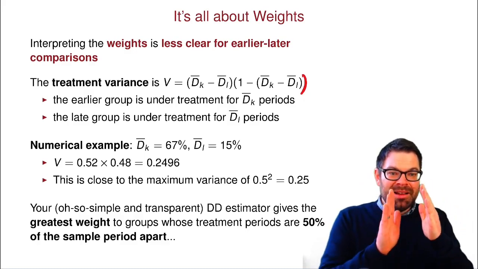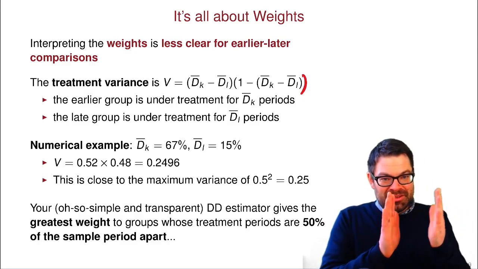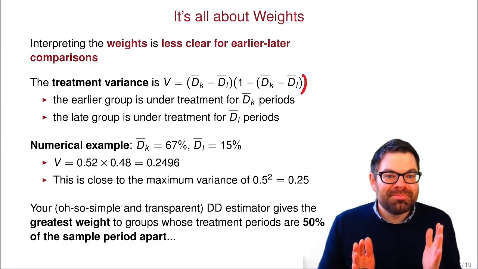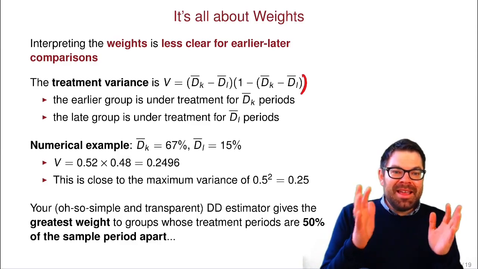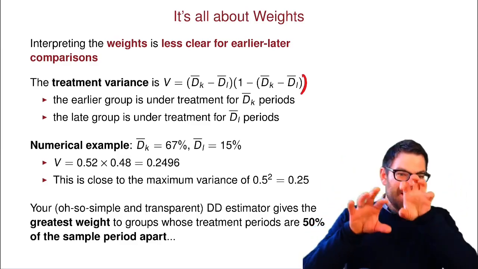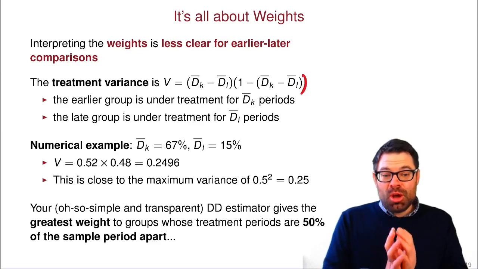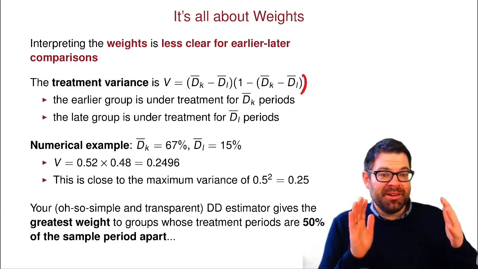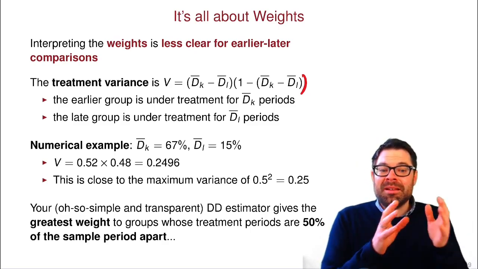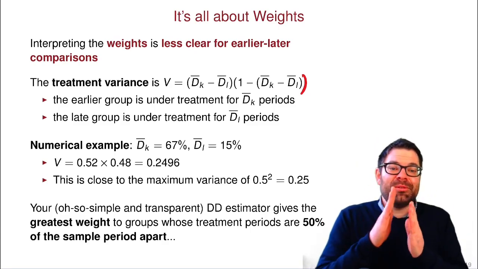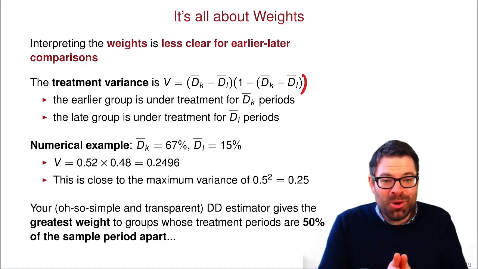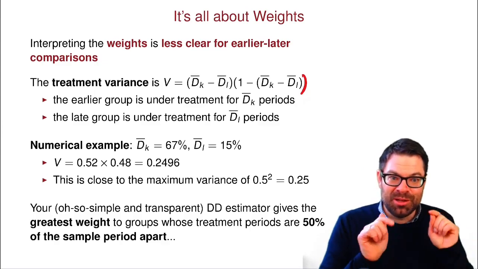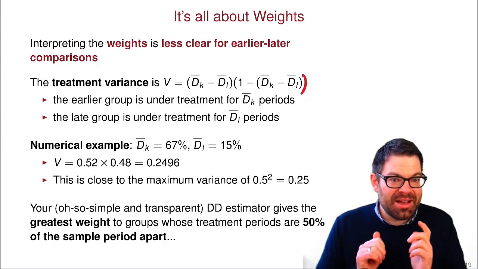But if the gap in the treatment is a lot lower, they get a low weight, right? So I have many of those 2x2 comparisons, some of which get a huge weight because they happen to be far away from one another, and others get a low weight simply because they're very close to one another. But there is no economic reason why one group should get a low weight and the other group a high weight.